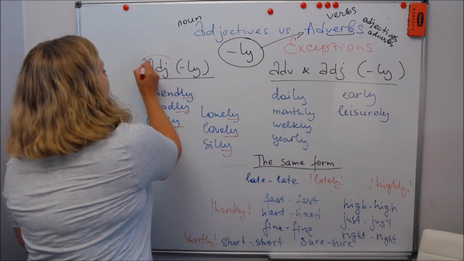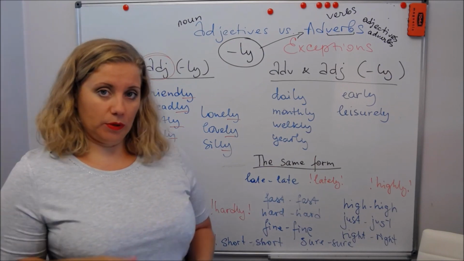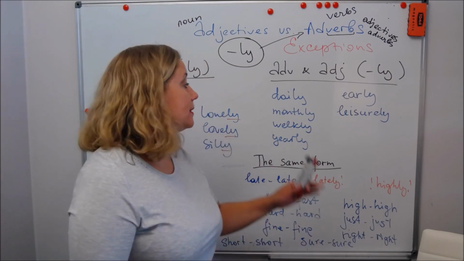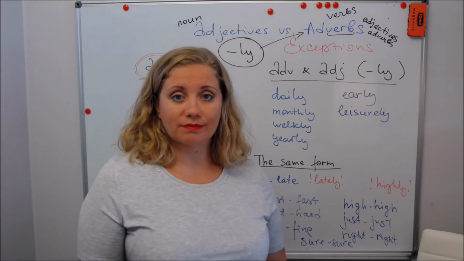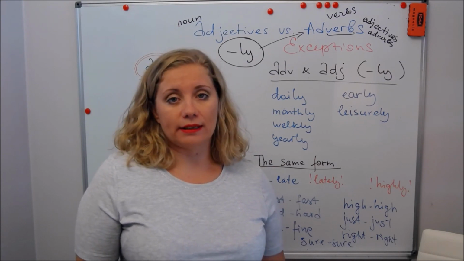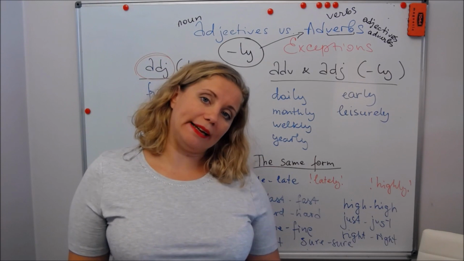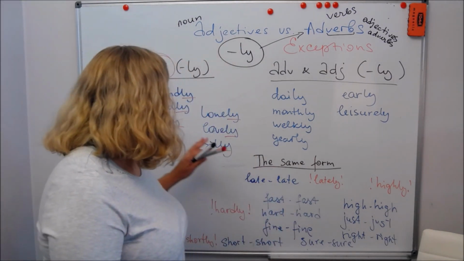They are adjectives. This means they will be used only with nouns. You can say you have a friendly smile. He is a very friendly person. But you can't say he smiles friendly. No, it's not possible.